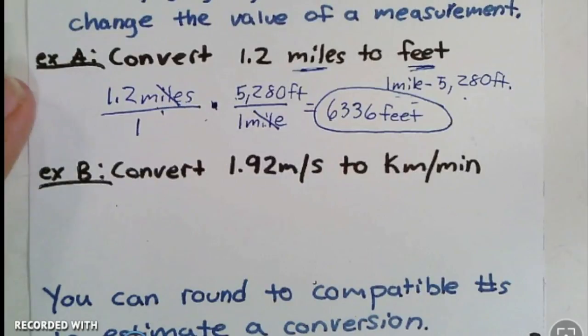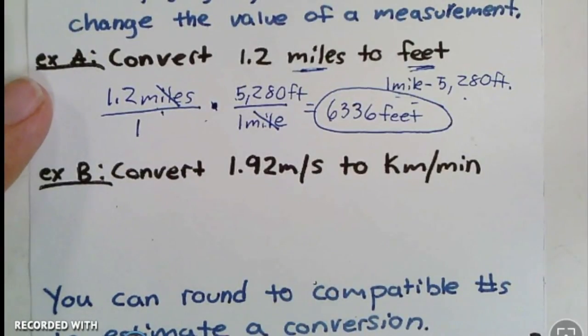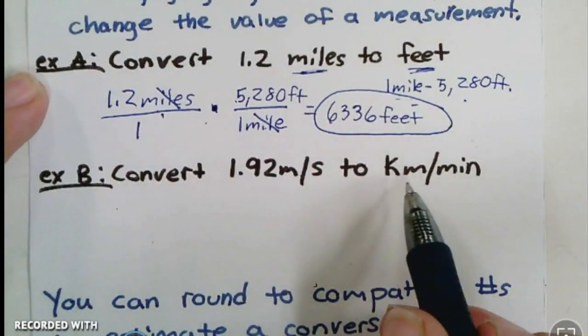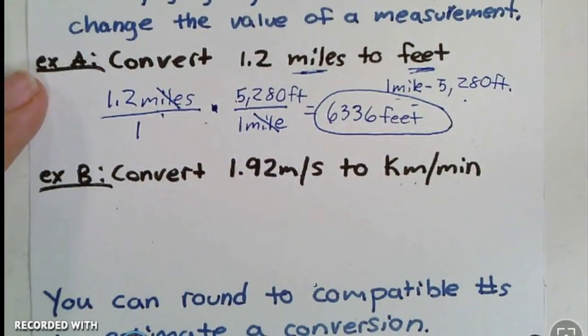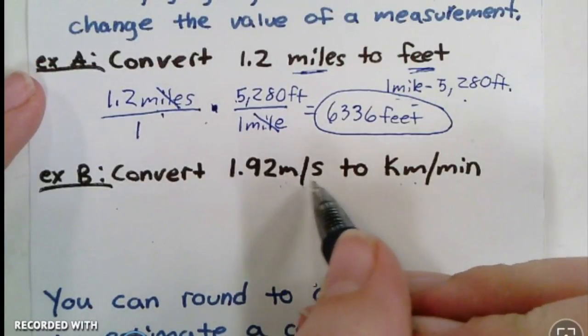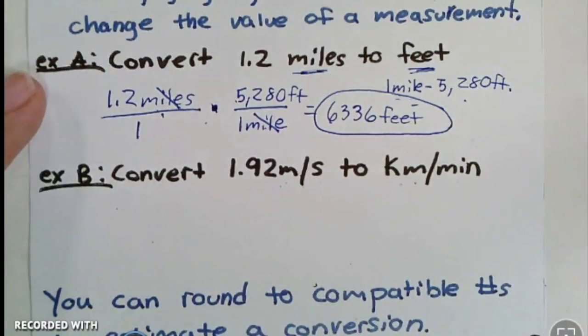All right, here's example B. Convert 1.92 meters per second to kilometers per minute. Now notice that this is a unit, and it has two different labels. So that means I'm going to have to multiply by two different conversion factors.